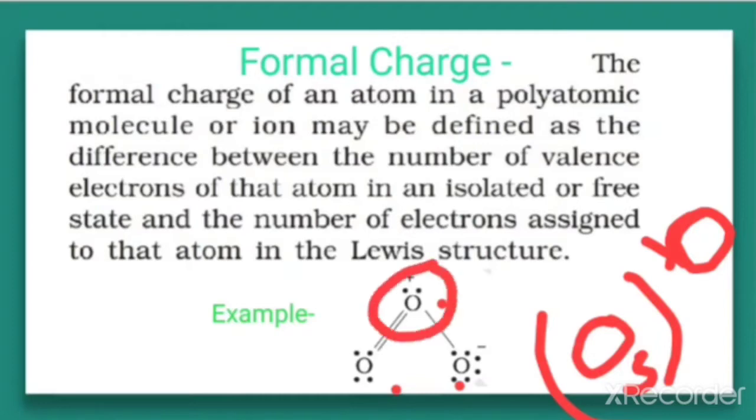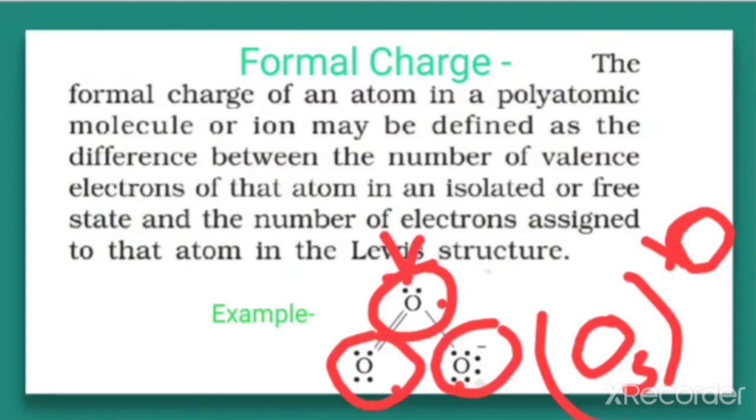Here there is one positive charge, here there is one negative charge, and here there is no charge. So this positive charge is the formal charge for this oxygen, this negative charge is the formal charge for this oxygen, and here there is no formal charge.